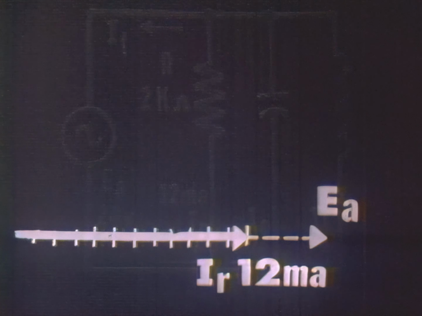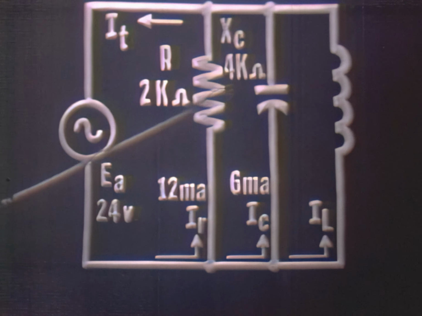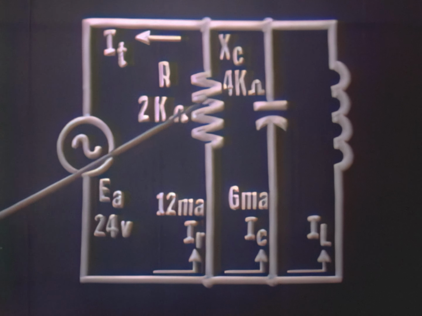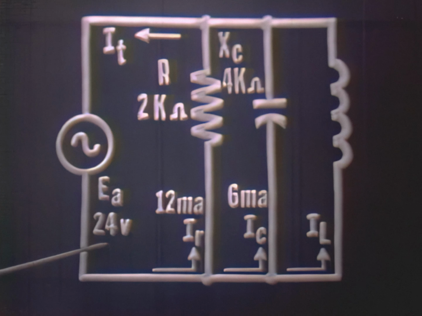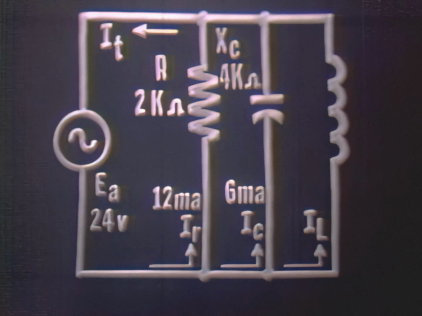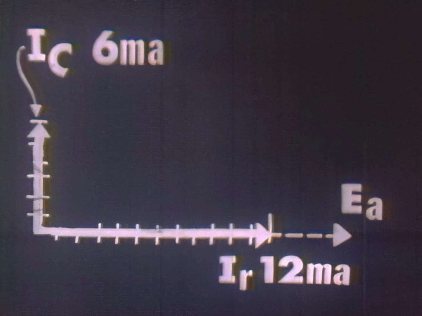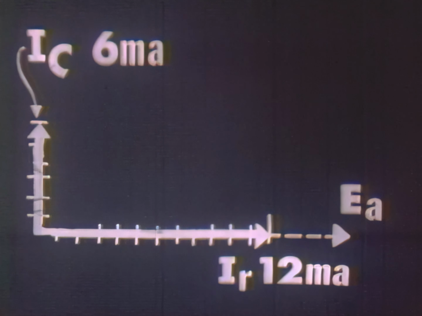Next would be IC, our capacitive current. If we assume a capacitive reactance of 4K ohms with 24 volts applied across our capacitor, then we will have a capacitive current of 6 milliamperes. It would be vectorially plotted this way. IC would lead IR by 90 degrees and is equal to 6 milliamperes, or 6 units long.